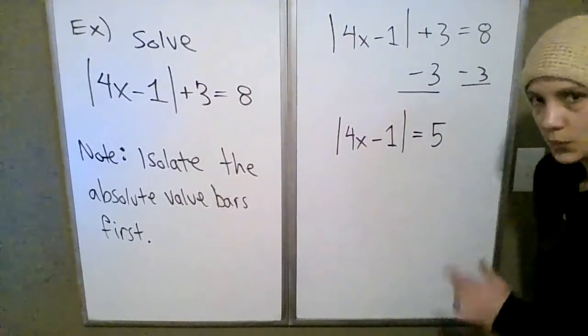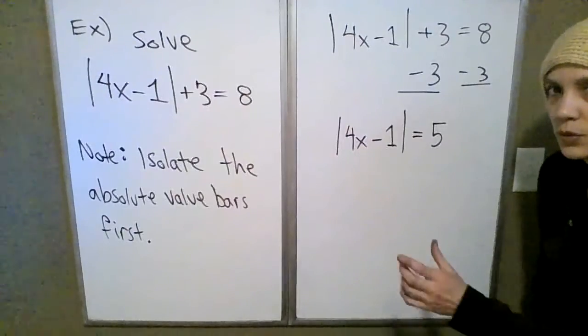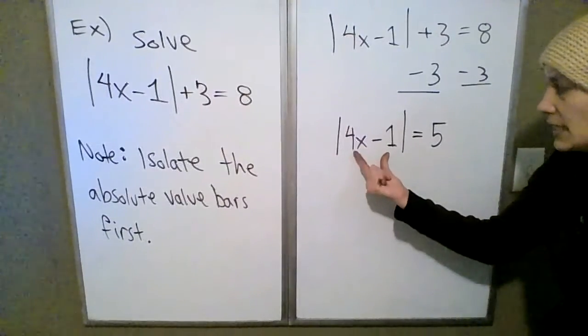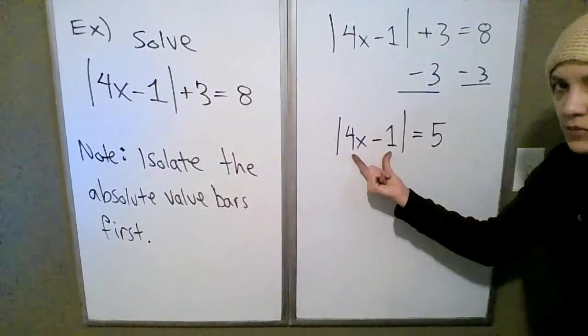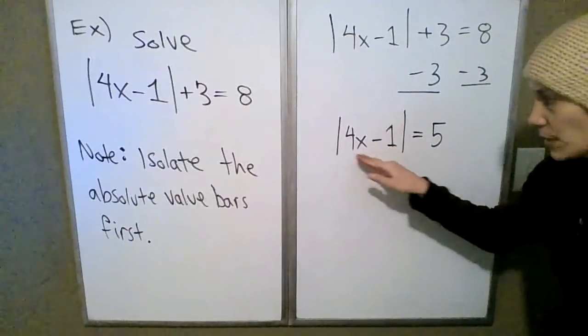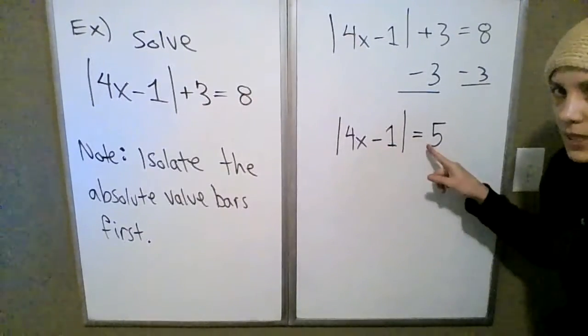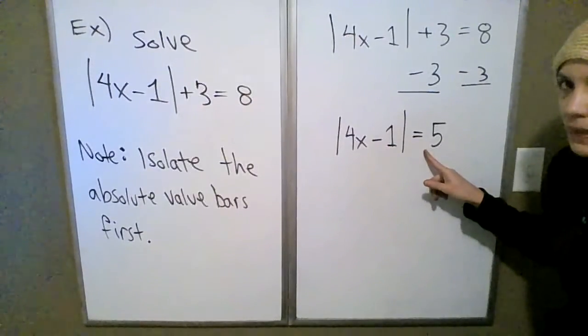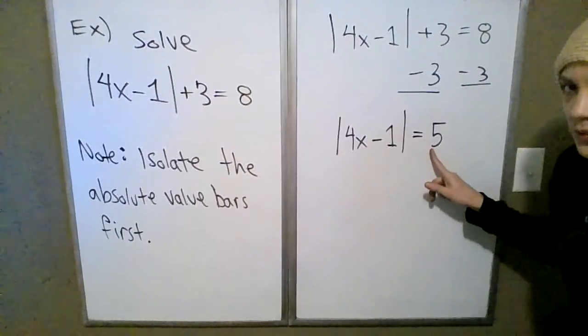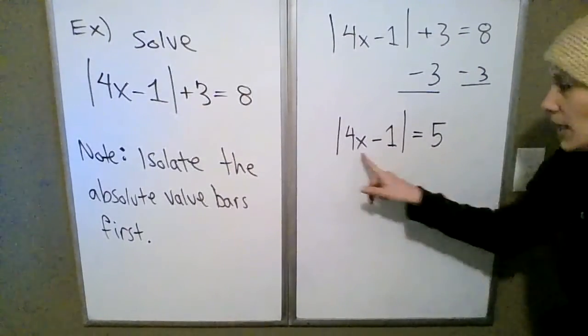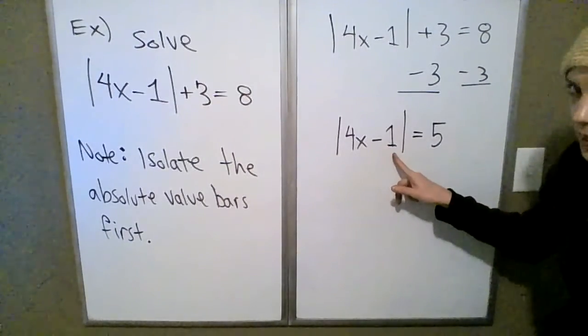So we're going to set up the equations, but before we do, we're reading this as the distance between 4x minus 1 and 0 is 5 units. So this is 5 units away from 0. So that number is either positive 5 or negative 5.